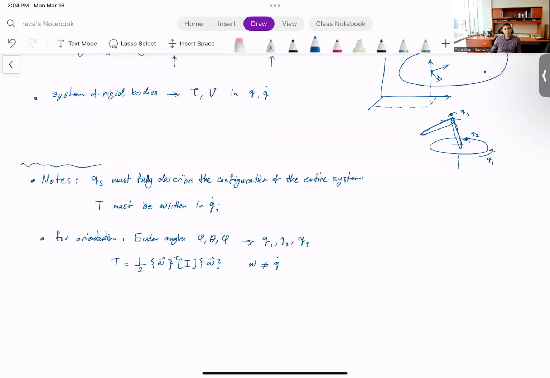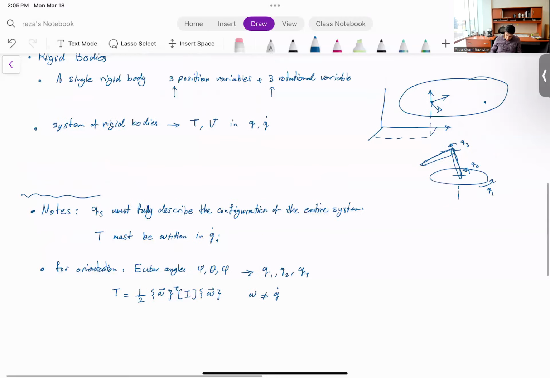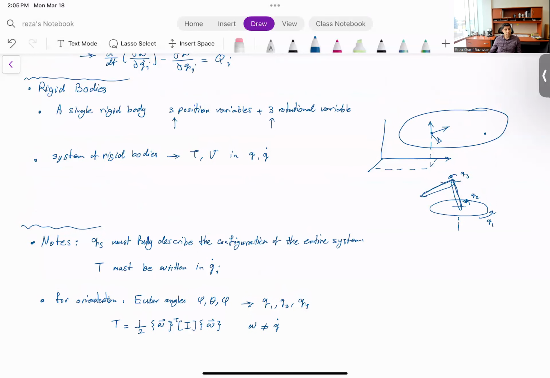It's not too difficult, but we need to remember what we are doing or where we are going with this. So just to recap, we can do everything we have done so far to write equations of motion using Lagrangian mechanics.